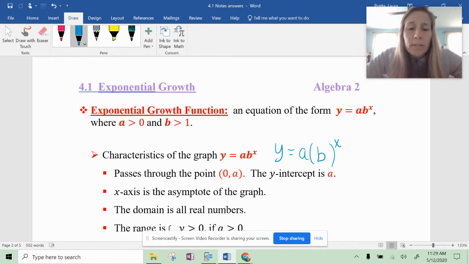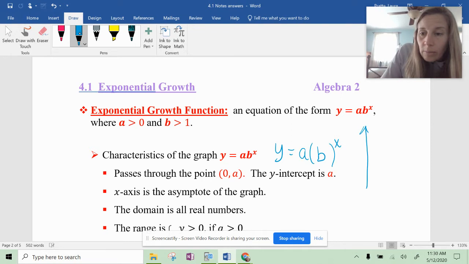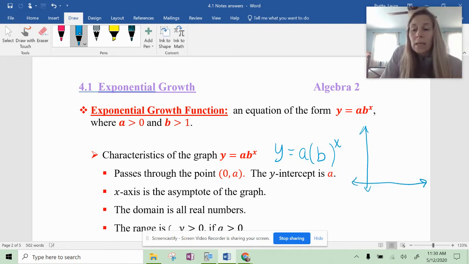So a few characteristics of an exponential function is that it's going to pass through the point (0, a). So that y-intercept will be that starting amount. If it's a real life example, we're going to be graphing this in that first quadrant, which is that positive quadrant, right? Because like I said, if you're starting out with, let's say, a certain amount of money, it's positive.